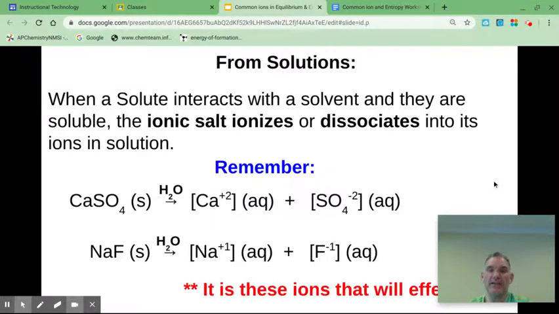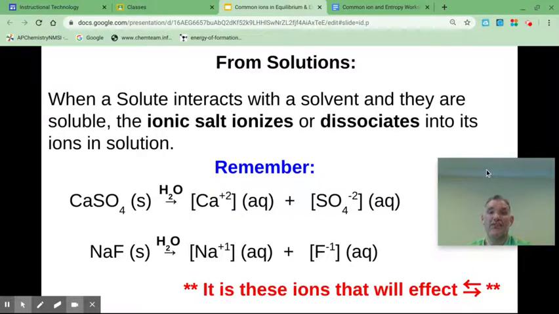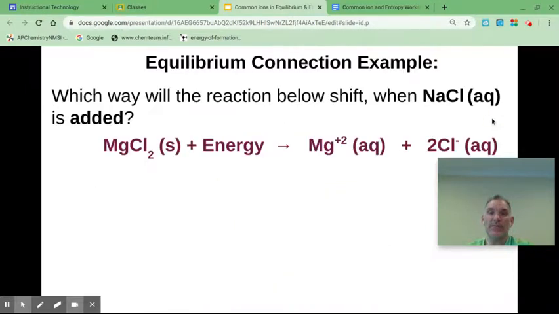So let's take a look. When we understand ions and equilibrium, I can understand the total reaction process. It says here: which way will the reaction below shift when NaCl aqueous is added? So the Na and Cl is already dissolved in water. Let's take a look at the reaction.